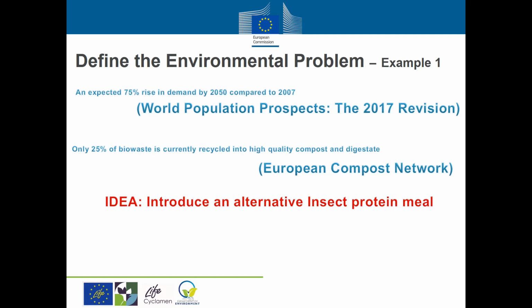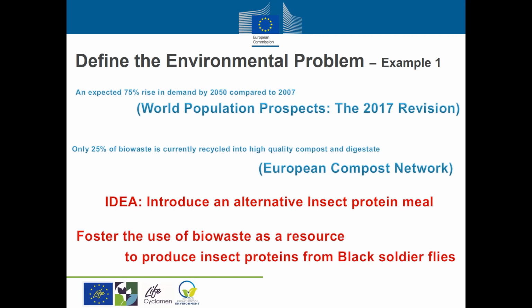The overall aim of Life Waste to Protein is to foster the use of biowaste as a resource to produce insect proteins from black soldier flies. We will refer to this as BSF. The project will install a modular pilot plant to breed 300 tons of BSF larvae in different development stages. This will need an input of 20 tons of biowaste per day to feed the BSF larvae, delivered from local supermarket chains.